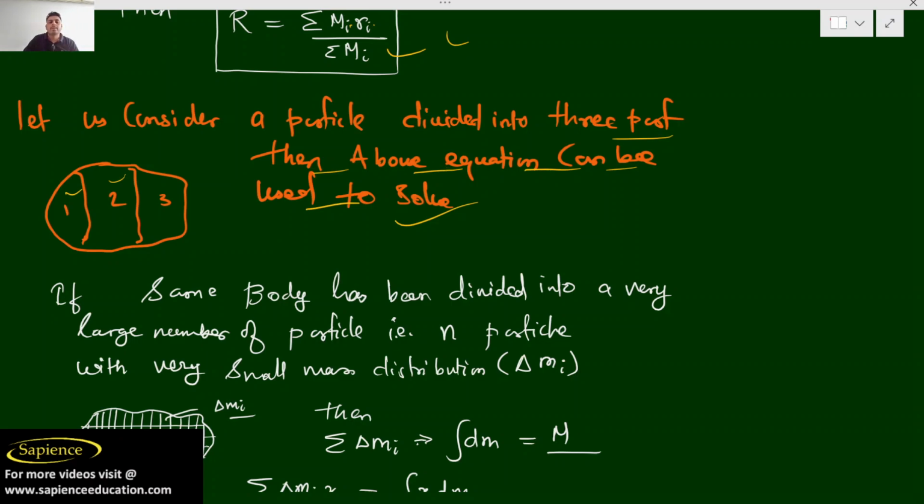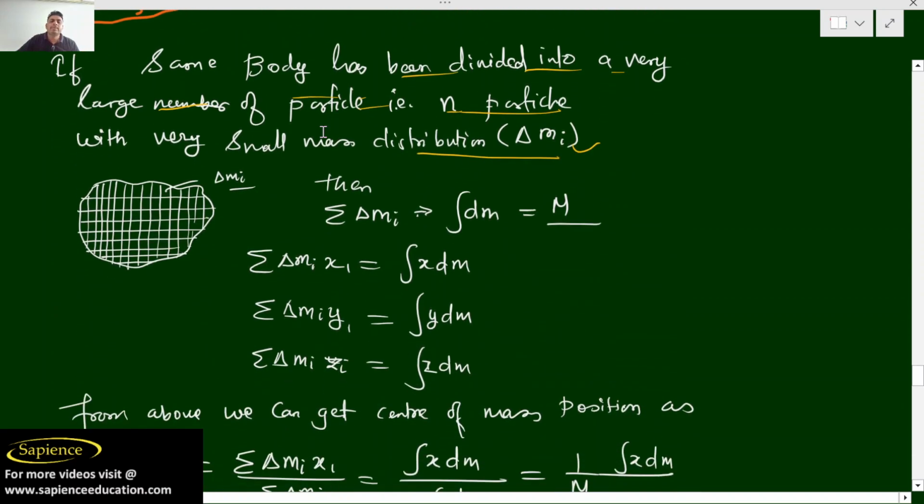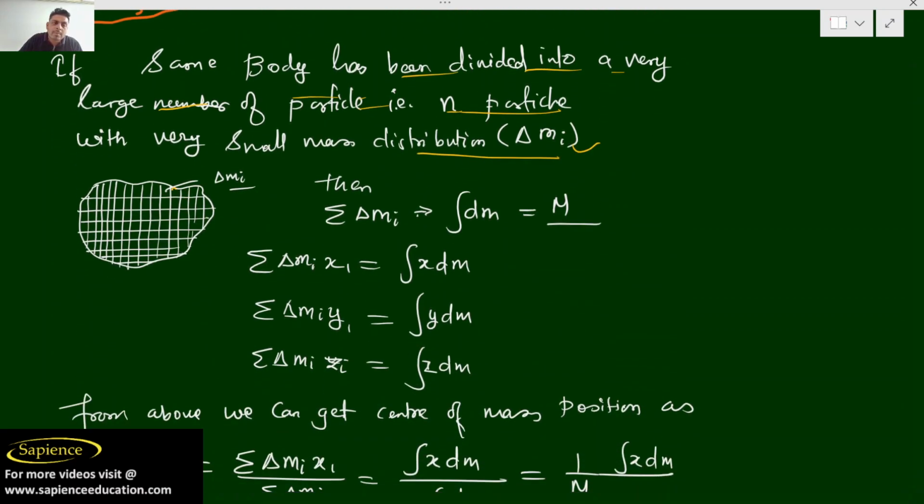But if the same body has been divided into a very large number of particles, that is n particles, with very small mass distribution, that is delta mi. So it is a very small mass.